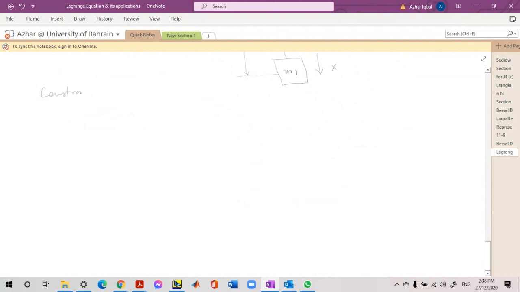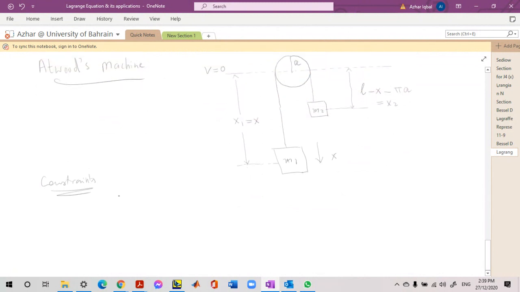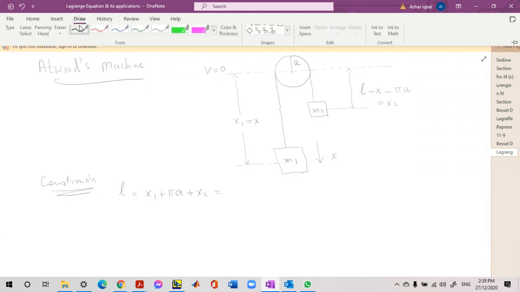The first constraint is that the length of the string does not change. The total length of the string is L, which is given by x1 plus the part of the string on the half of the circumference of the pulley, pi A, plus the other part of the string, x2. So this remains constant, which is L.